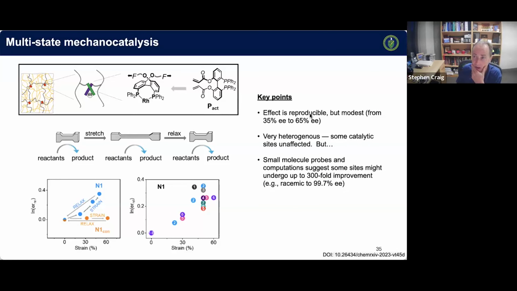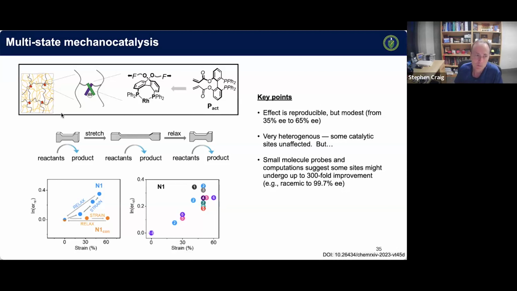And even though the effect so far that we see in the bulk is pretty modest, right? The best Shujun has seen is to go from an enantiomeric excess of 35% to 65%. So full disclosure, the chemists in the audience here aren't going to be blown away by that. There are other ways you can get to better EEs.